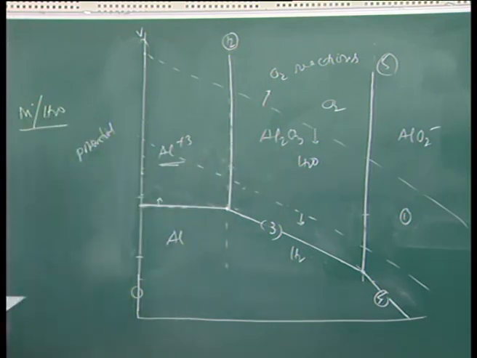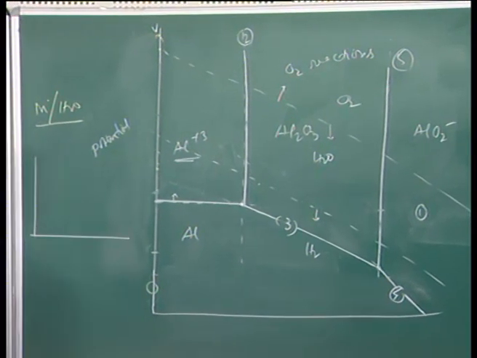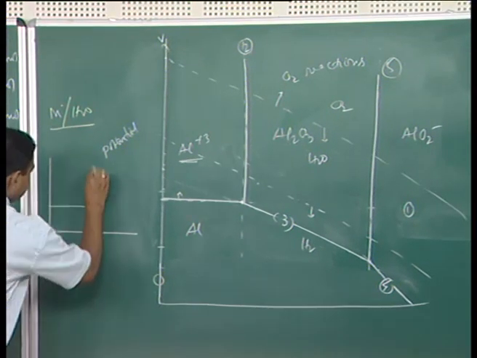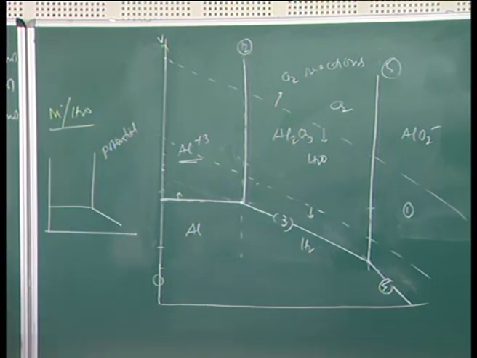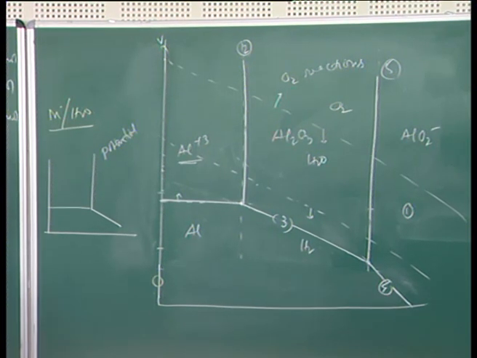Now, here is the interesting part. In case of nickel, let me draw the nickel Pourbaix diagram in this, it would be like this. I am not drawing the H2O regions.